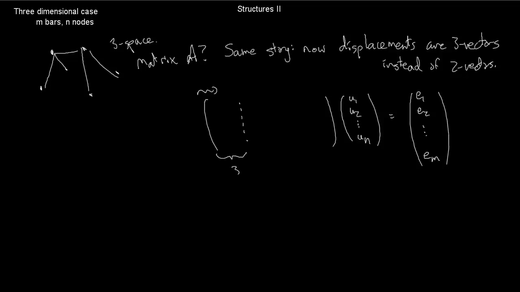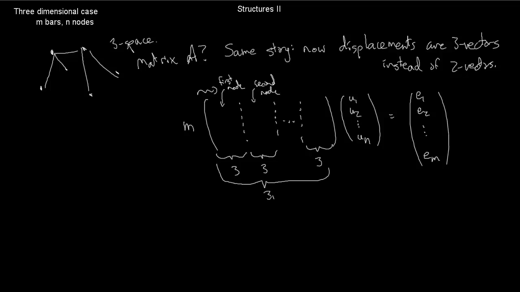But now the only difference is that instead of having blocks of m by 2, I now have blocks of m by 3. The first node has 3 coordinates, and so all of the unit vectors that point along the bars have 3 coordinates to them now, and so I need blocks of 3 instead.